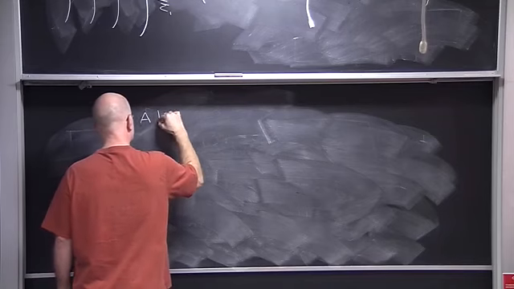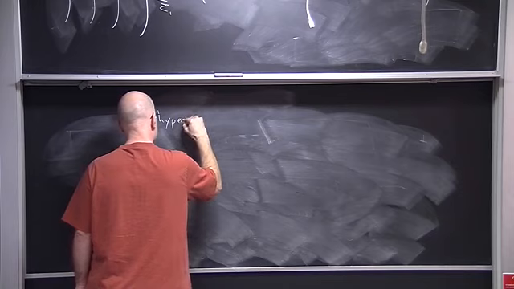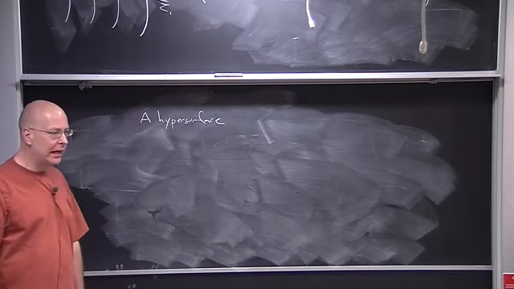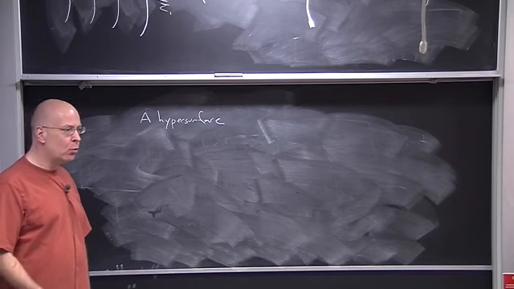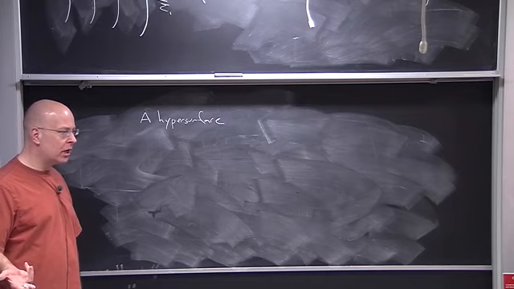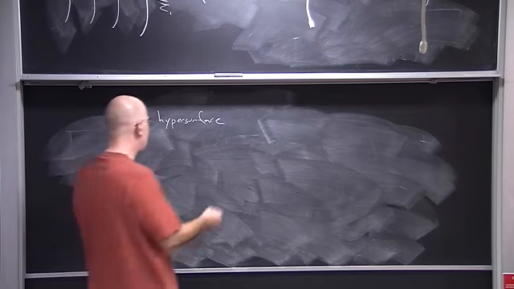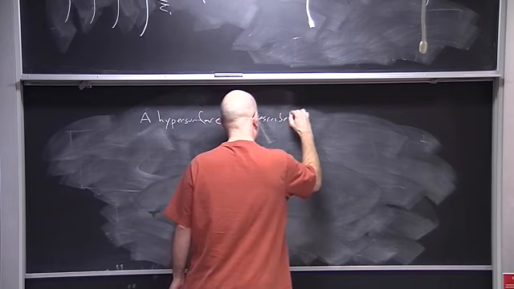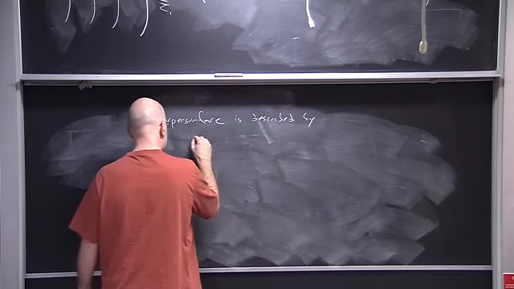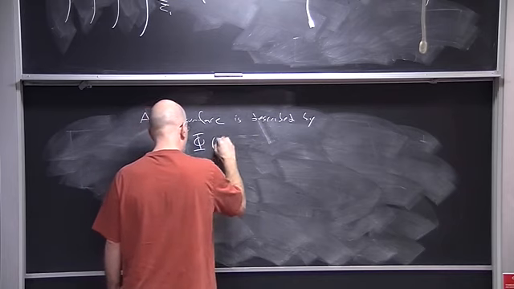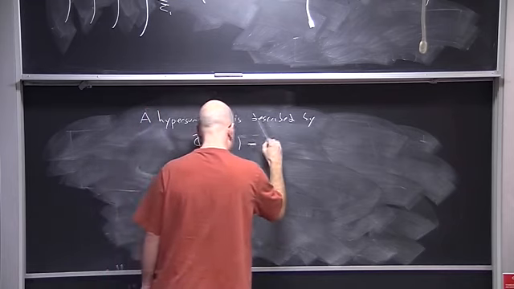Okay, so a hypersurface can be described in any number of ways, but one way to do it would be to put a restriction on the space-time coordinates. So a hypersurface is described by a statement like some function that I like to call capital phi of the space-time coordinates is going to be equal to a constant.